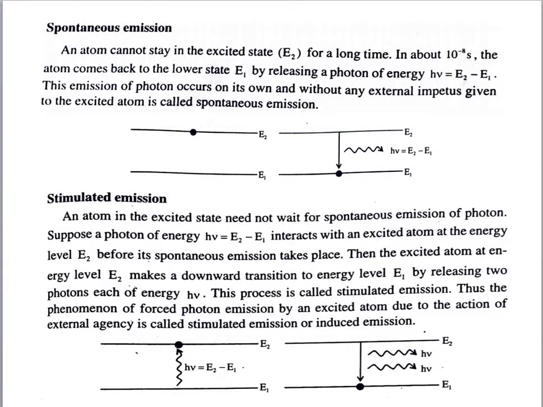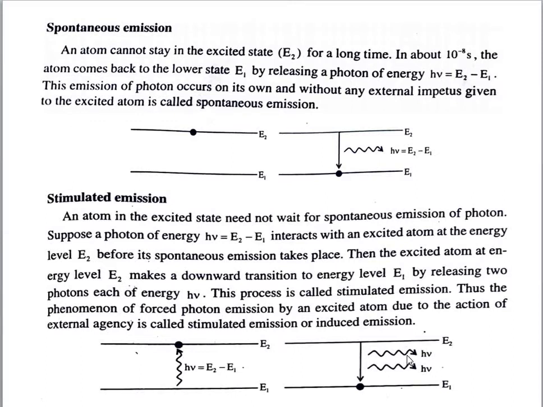And the third process is stimulated emission, which is responsible for laser action: light amplification by stimulated emission of radiation. Here the electron is in the excited state, and a photon of energy exactly equal to E2 minus E1 is absorbed by these electrons, and as a result the extra energy h nu is emitted.